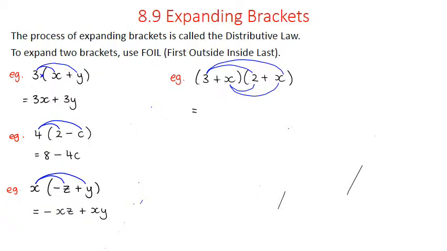So the two first terms, 3 times 2 is 6. The two outside terms, 3 times x is 3x. The two inside terms, x times 2 is 2x. And the two last terms, x times x is x squared.